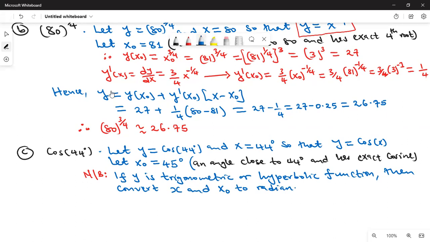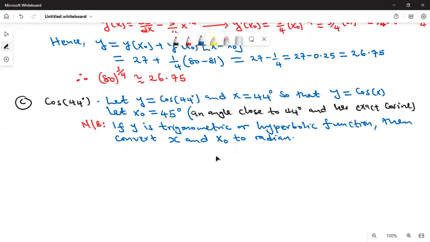That's what is important here. So let me show you how to convert them to radian.